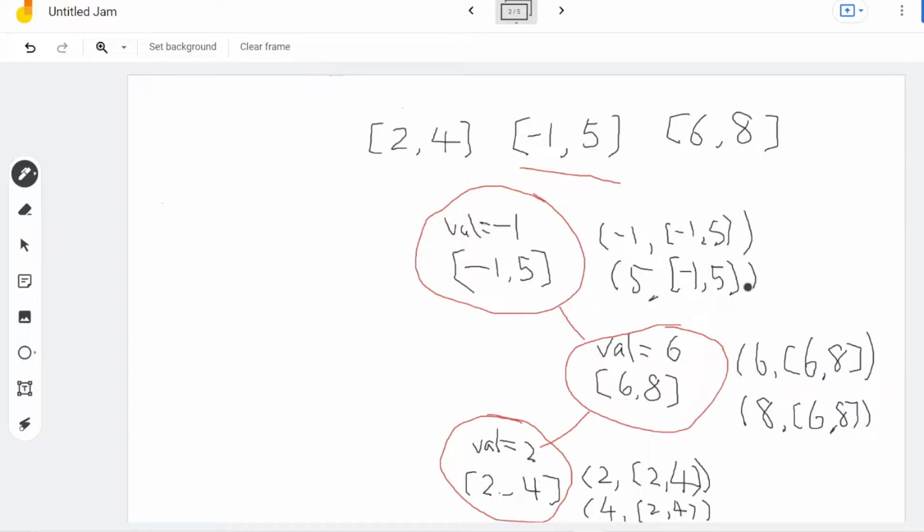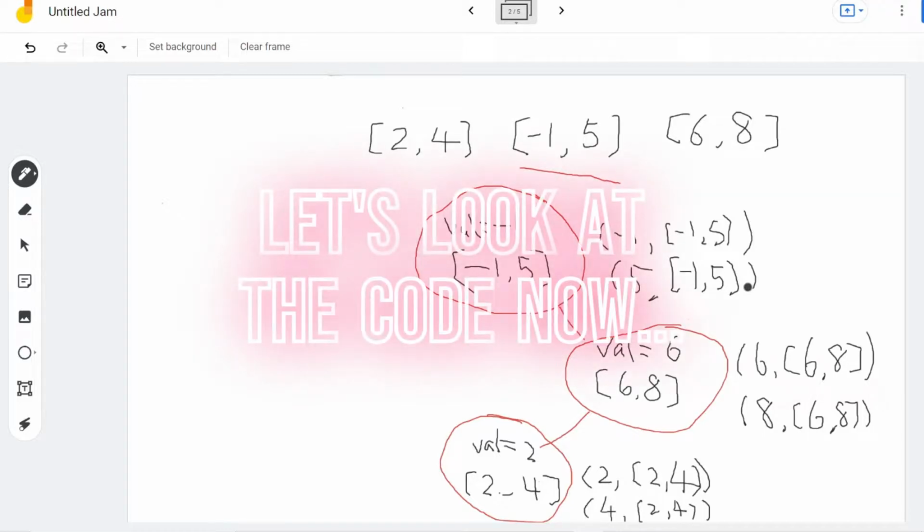After building the interval tree, we just need to go from the top of the tree down, compare the target integer with the node value, and find all the qualified intervals.